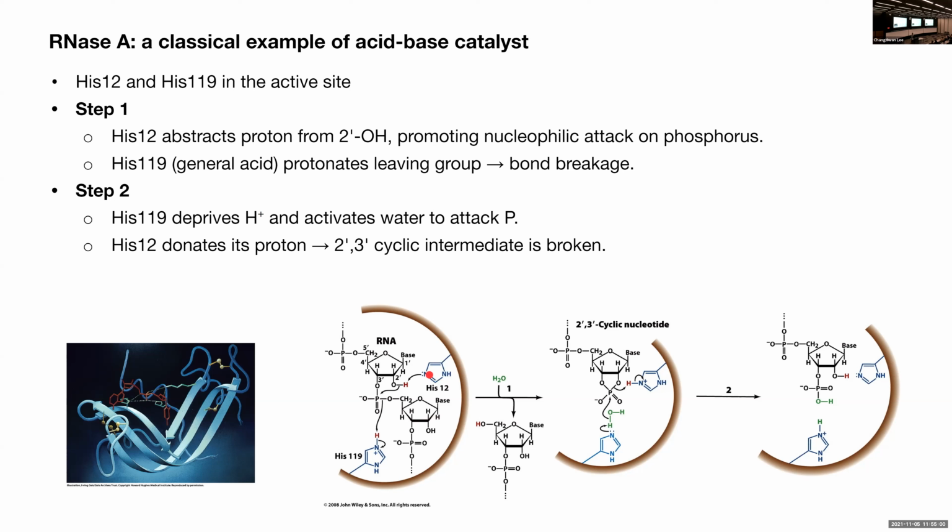So let's follow the steps of this catalytic reaction. First, histidine 12, which is basic, can attack the hydrogen atom that is part of the hydroxyl of the 2' position of the RNA pentose. As you know, RNA has OH on the 2', as opposed to DNA, which has just hydrogen here.